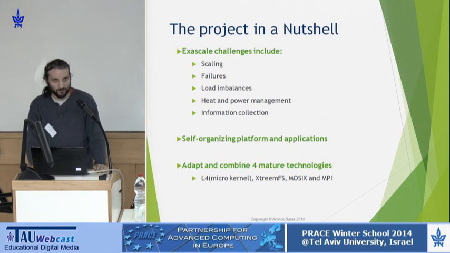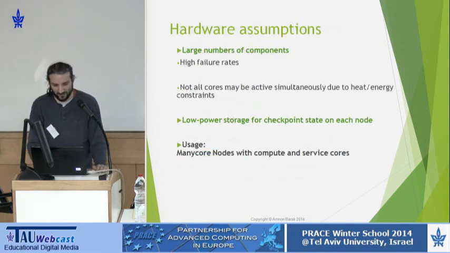Those 2 groups are also working with us, the ones who developed those 2 things. Mosix is what we developed in our lab, a cluster operating system that supports process migration, information dissemination, scheduling, and other things like that. And of course, MPI, which is a very well-known technology that people now use to run over clusters.